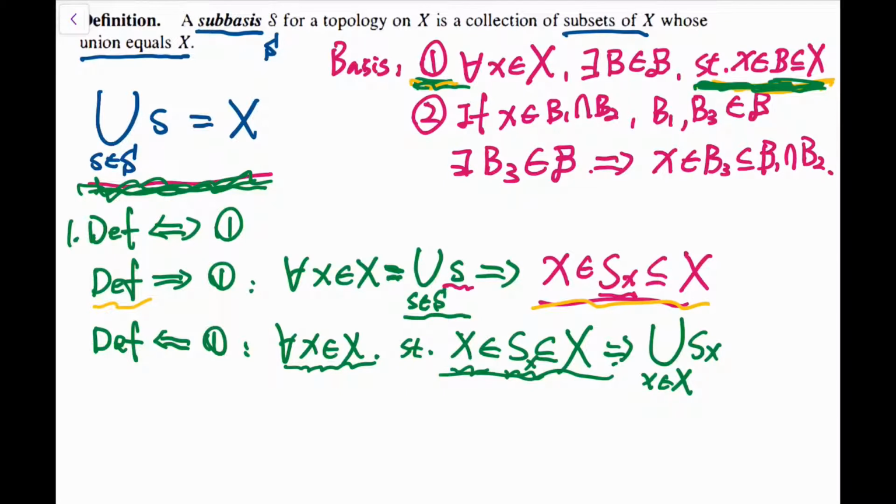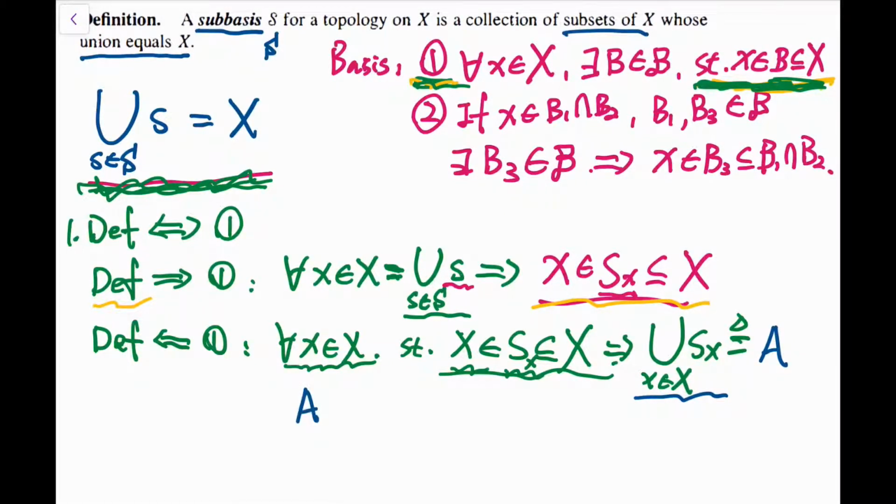What can we get? First, we denote this union by A. We call this union set A. And what is A?